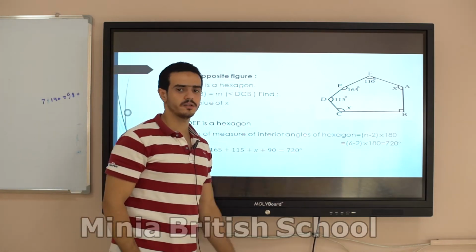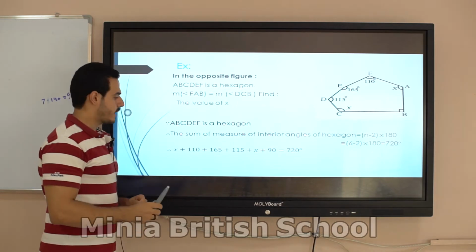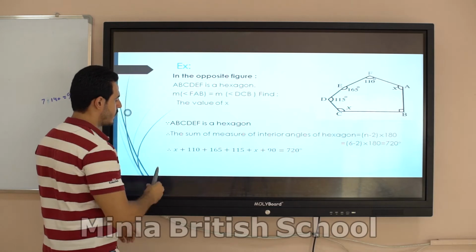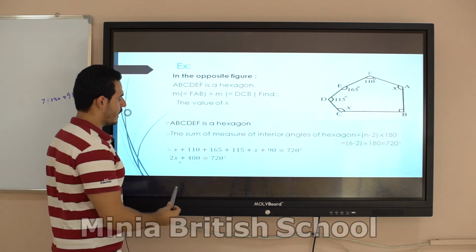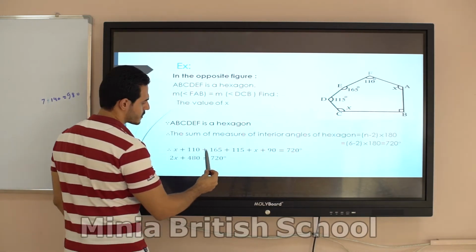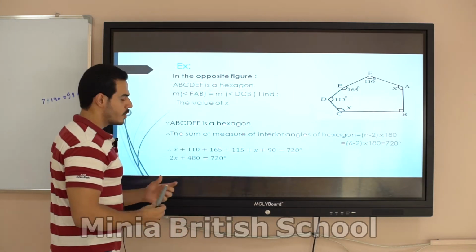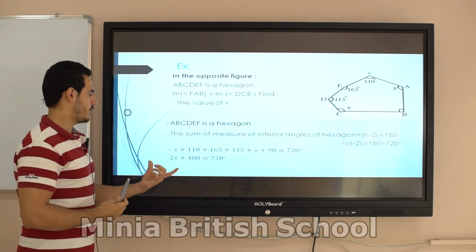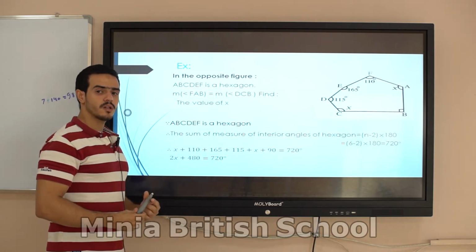Equals 720. Okay? Now let's add the numbers and the variables. x plus x equals 2x, and 110, sorry, plus 165 plus 115 plus 90 equals 480. Okay? Now I have this equation: 2x plus 480 equals 720.